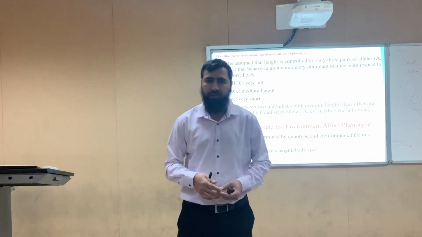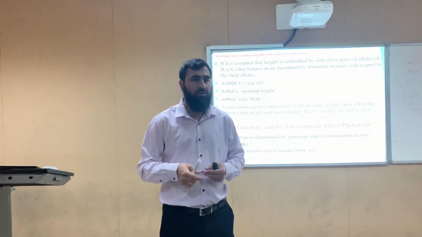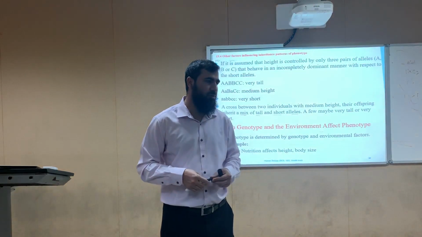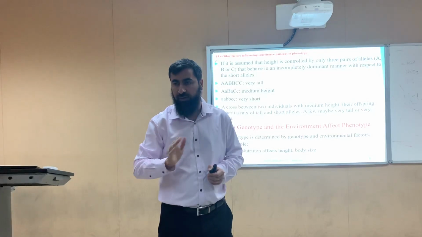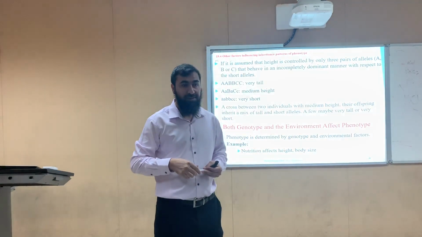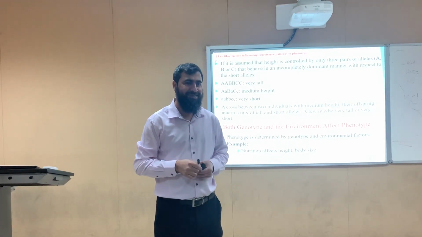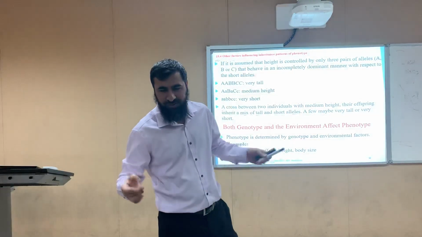Another example is, as I mentioned before, if you have the genotypes for being very tall but you live in a country where nutrition is very low, you're not going to be very tall, okay? That's why in Japan everyone is short. But they have a good diet.